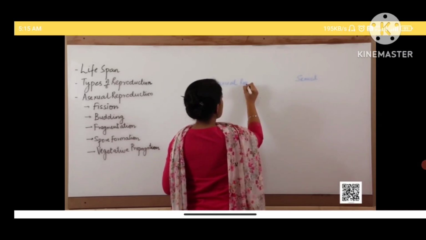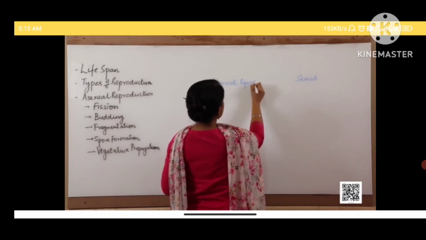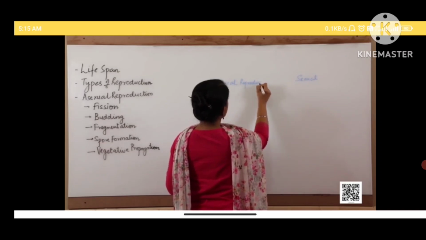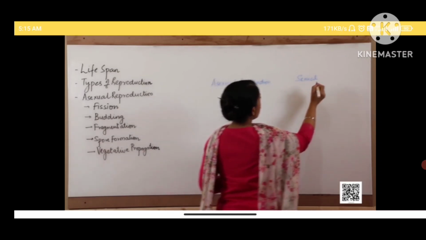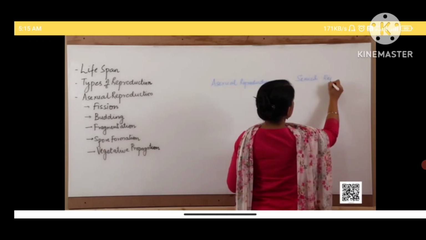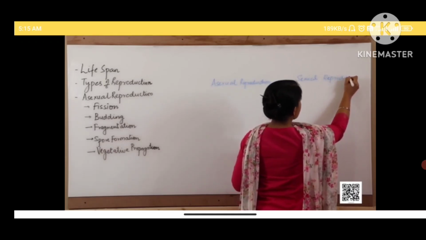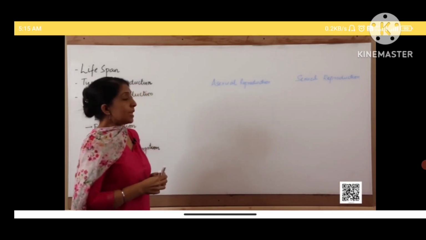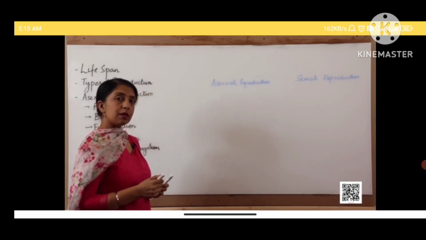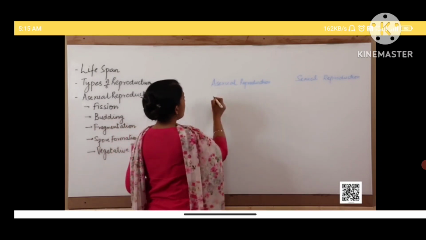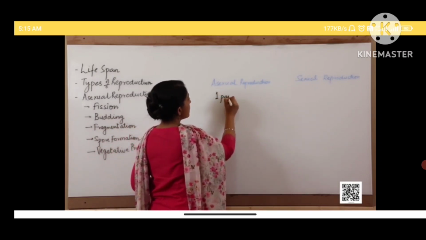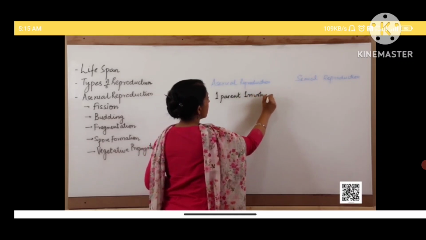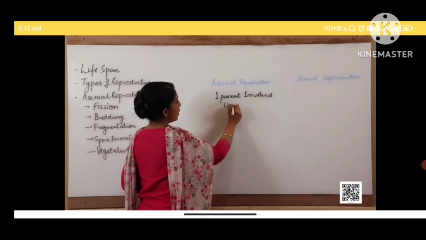Let us compare these two types before we move further to discuss them in detail. Asexual mode of reproduction is a kind of reproduction in which only one parent is involved, or we can say it is uniparental.